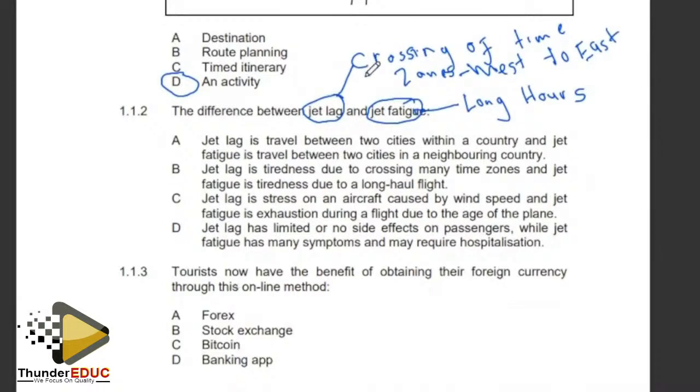So let's look at our options. The option which best matches the descriptions given above is option B. Jet lag is tiredness due to crossing many time zones. When you travel from east to west or from west to east, you actually cross many time zones.